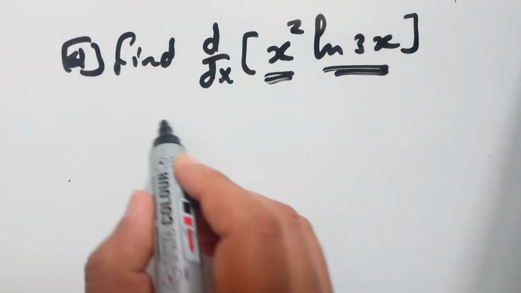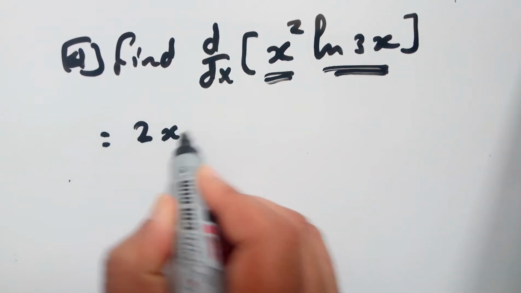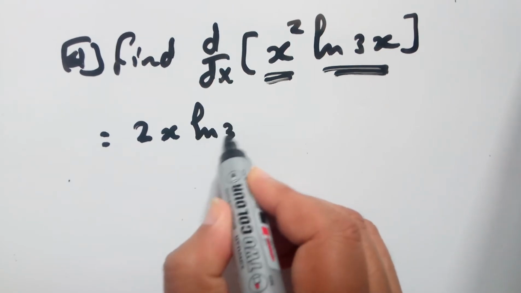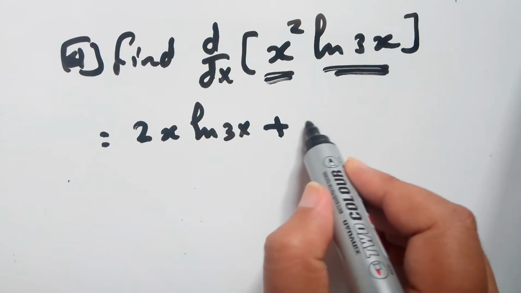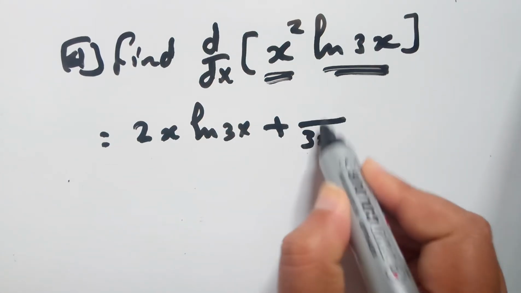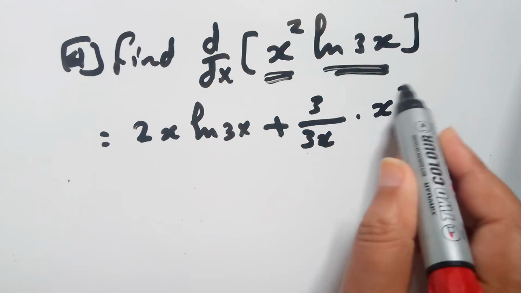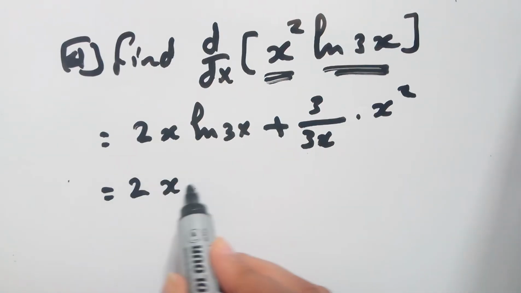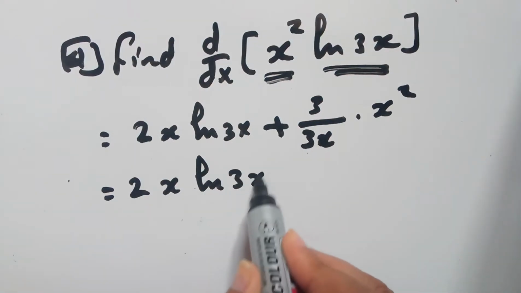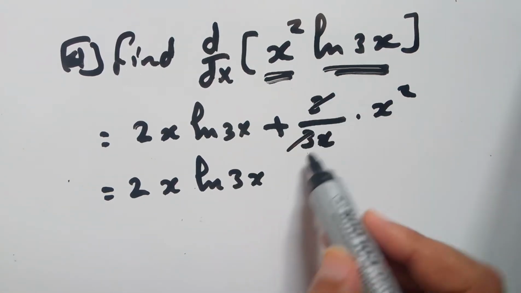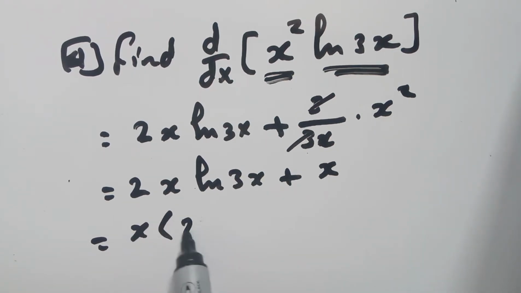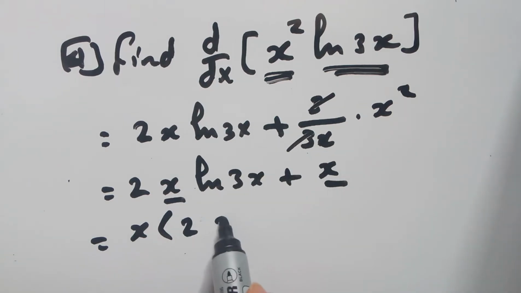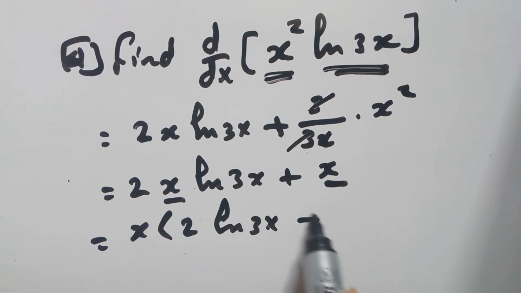The derivative for the first, it will be 2x multiplied by the second, ln 3x. Then add the derivative for the second, ln 3x. Its derivative is what? 3x down and its derivative up, multiplied by the first. Then simplify, it will be 2x ln 3x, and 3 cancelled, and x squared divided by x will be x. You can take x as a common factor here. It will be x times 2 ln 3x plus 1.